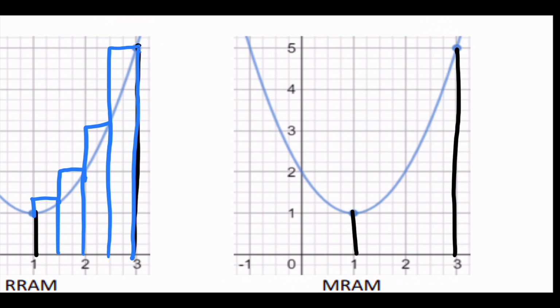It hits right there. That's going to be the height of my first rectangle. The midpoint of my next one is going to be 1.75. That touches right there. That's going to be the height of my second rectangle.